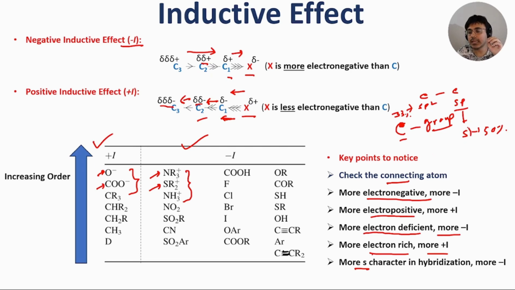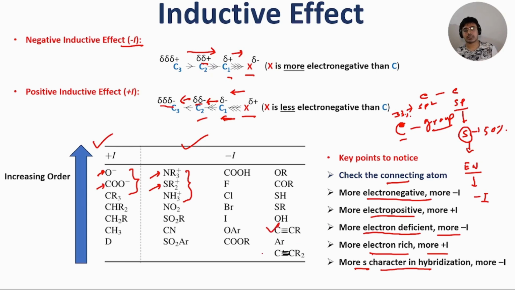So if the s character is more, the electronegativity is more, because the s orbital is near the nucleus, and hence there is a more minus I effect. So this is important for the same atom, or groups where the connecting atoms are the same, particularly carbon. You have to see the hybridization. In that case, the more s character in hybridization, the more minus I effect it will exert.